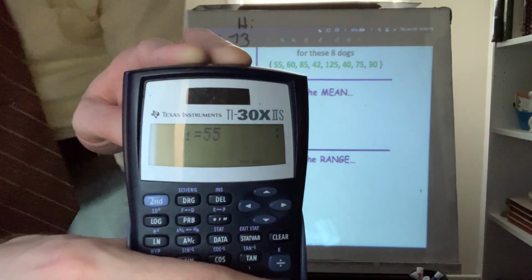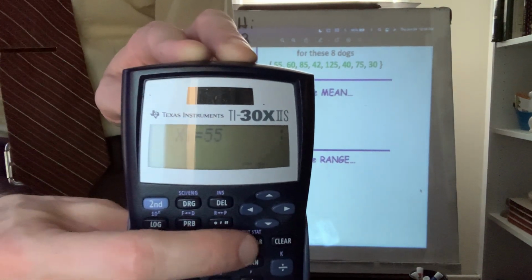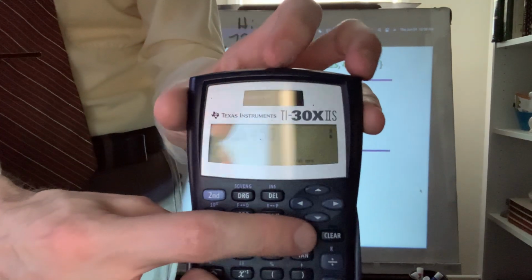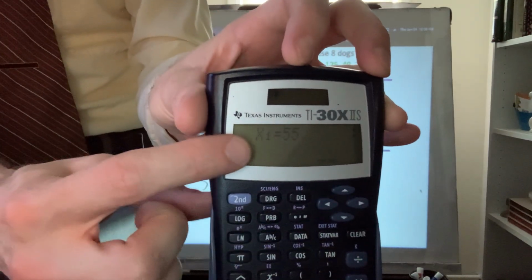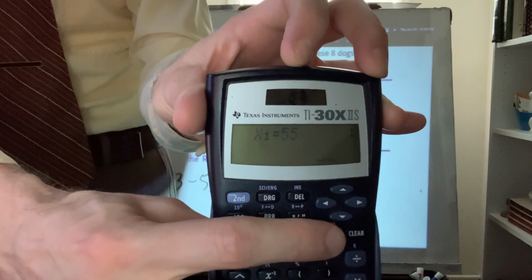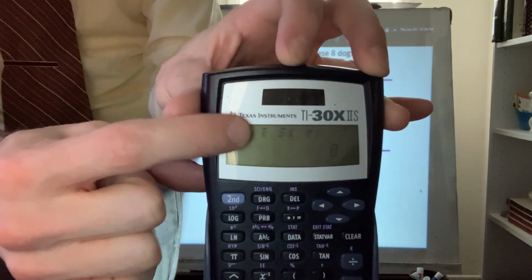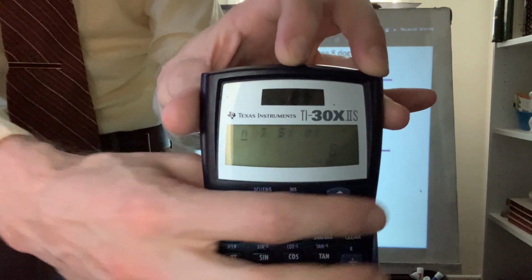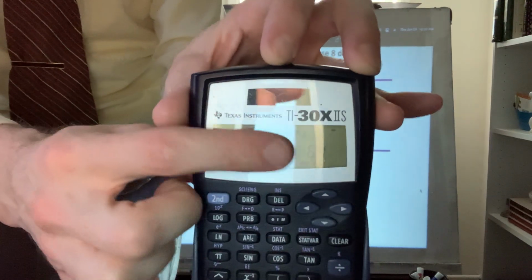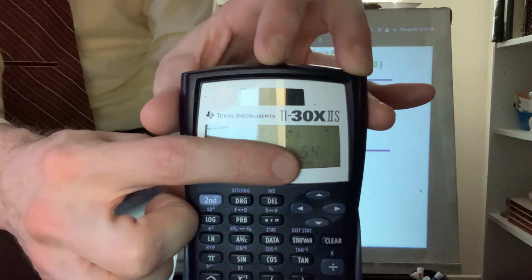Now, when you press stat var, it'll calculate the mean for you, among other things. So I'm going to hit stat var, and you see 8 values for n, and there's an x bar value here. So there you have it, 64 exactly.